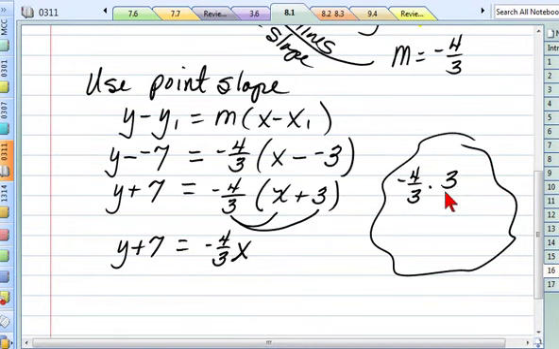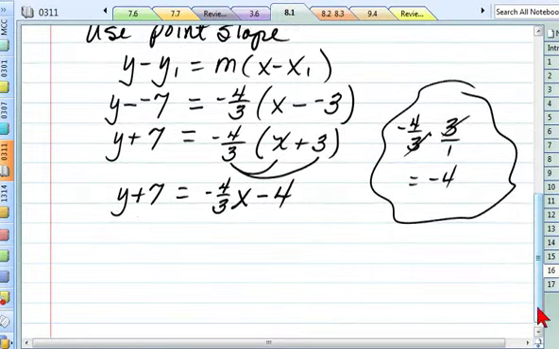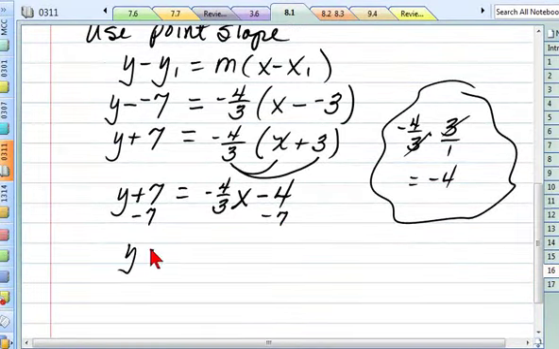What would you do? You would put the 3 over 1. You would divide out the 3's. And it would equal negative 4. Now, I'm going to subtract 7 from both sides, and I have y is equal to negative 4/3 x minus 11.